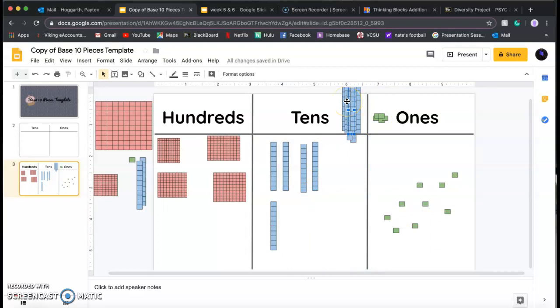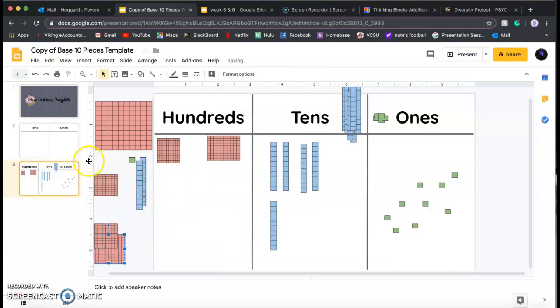And then I can take 200 away from the hundreds. So now what I'm left over with is 259. So 259.